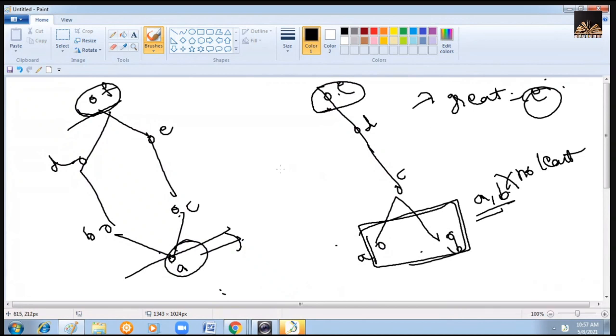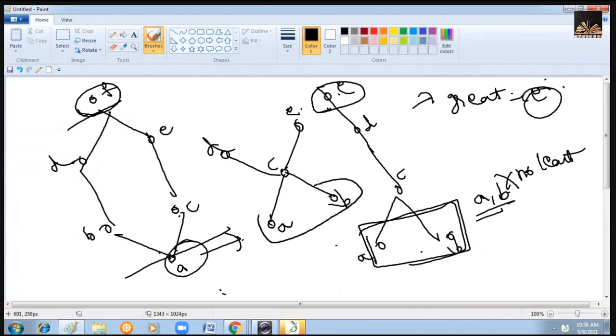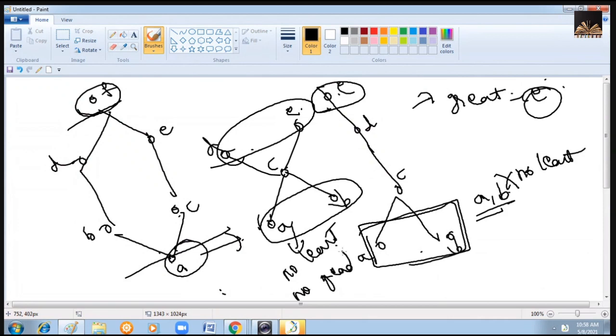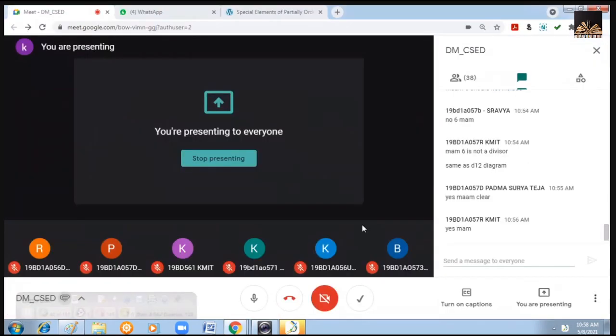Similarly, if you have one more hash diagram like this, A, B, C, D, E, we have 2 in the lowest level and 2 in the upper level. Therefore, you can say that there is no least element and no greatest element. In this way, we can say which is the least element and greatest element of a diagram.